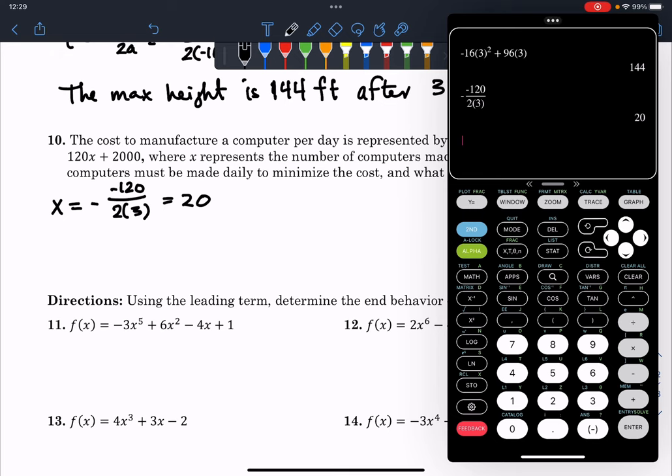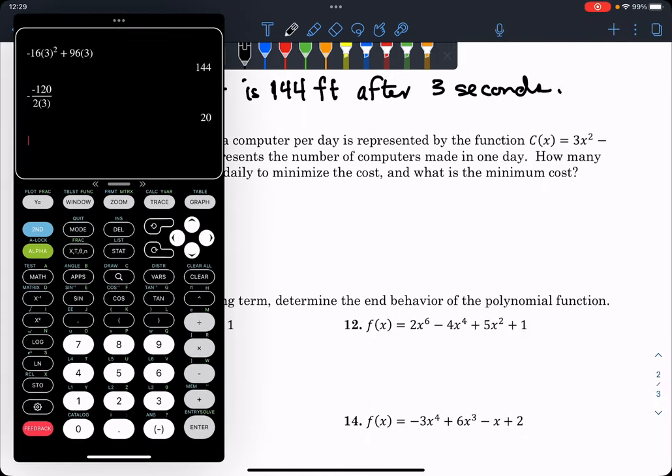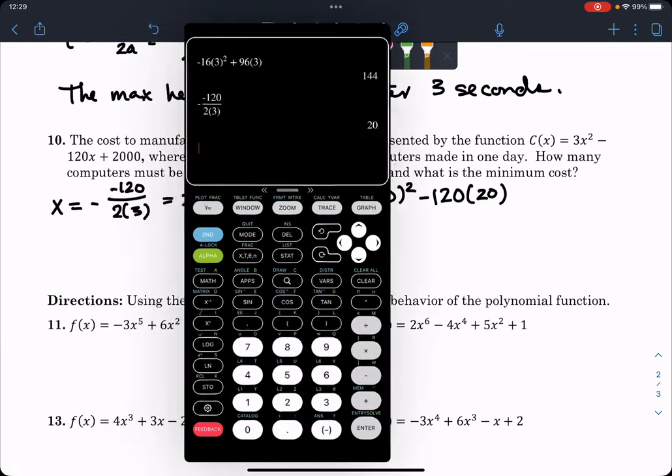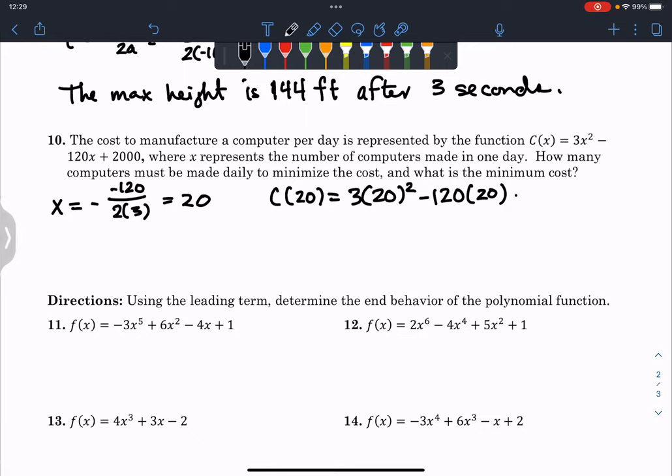Now let's plug that in. Let's plug that 20 into the function. So let's evaluate the function when x is 20, and let's determine what the minimum cost will equal, plus 2,000.